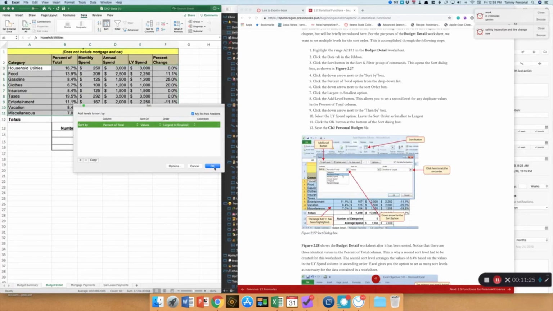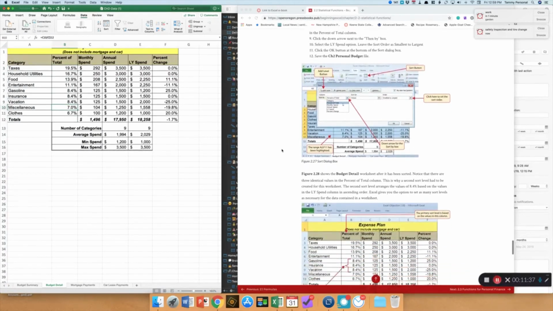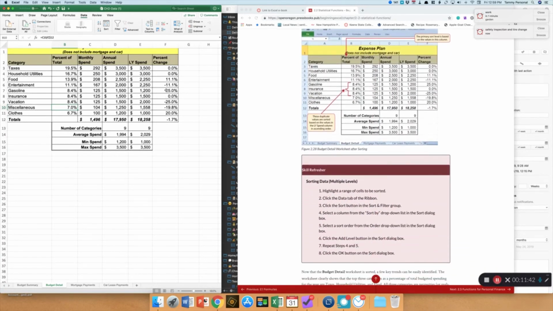Hit OK. Then it sorts it so that your taxes at the highest percentage are up the top, and your miscellaneous is down at the bottom. And here it is, looking the same.